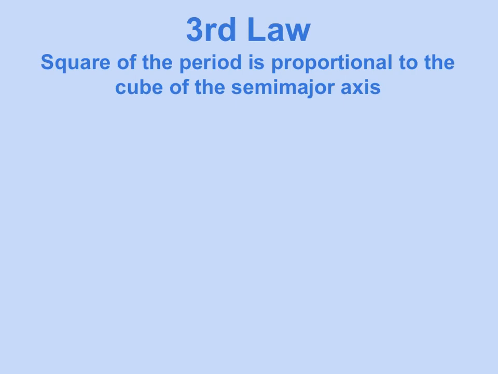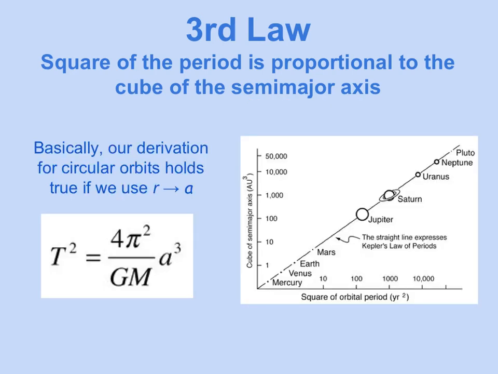The third law is actually something we have talked about before. We derived it in the last couple of days in class. The square of the period is proportional to the cube of, we had just said the radius, and now it's the semi-major axis. So we basically have the same formula we derived in class and in a previous video. It's just that instead of using r, we are using a.